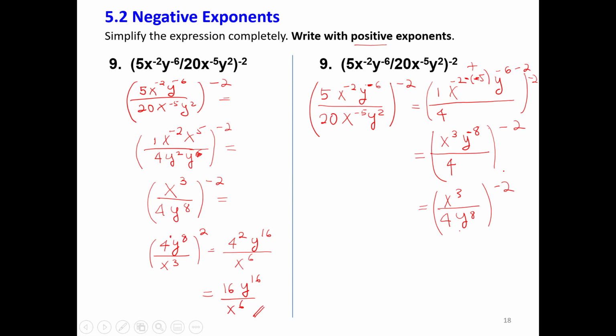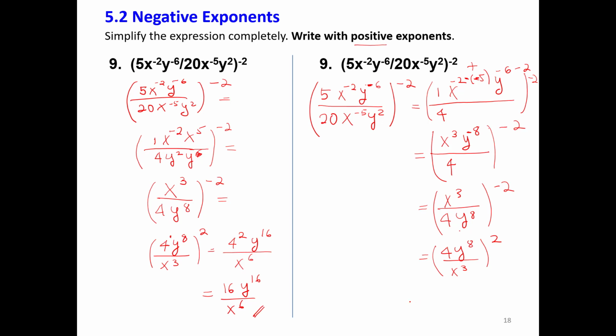Now, if we want to change the negative exponent we had here, we had to flip the fraction to change the sign to the second. Now because we flip the fraction, this turned into the positive. And now the next thing we had to do is just to solve.